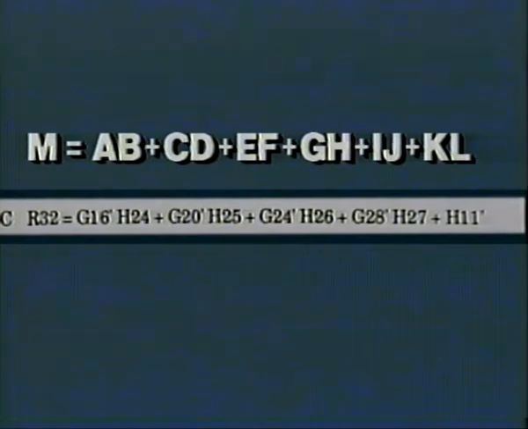For term R32 to equal a 1, G16 naught and H24 must equal a 1, or G20 and H25 must equal a 1, or G24 and H26 must equal a 1, or G28 and H27 must equal a 1, or H11 must equal a 1. Notice that an L term is not included in this example. The L term is assumed to be a forced 1.